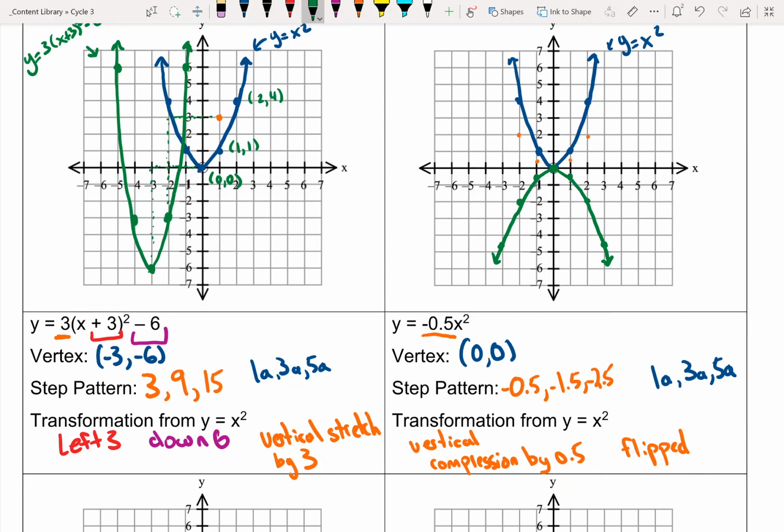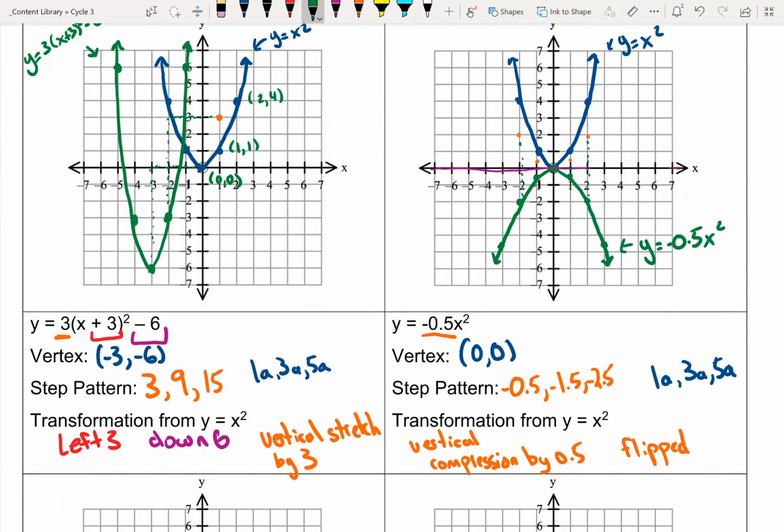If we treat the x-axis as a mirror, all of these points get transferred to the same spot, just on the other side, except obviously for the vertex, which doesn't move because it's still (0, 0). So this is y equals negative 0.5 x squared.